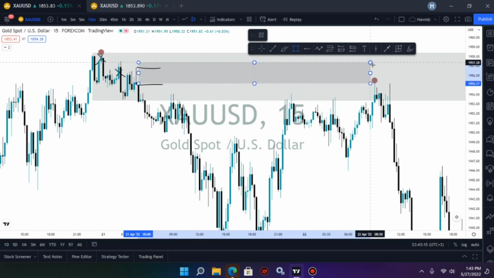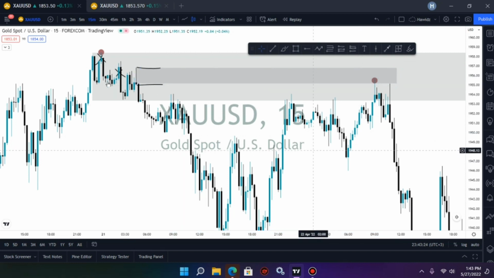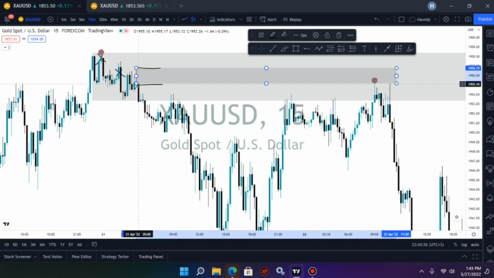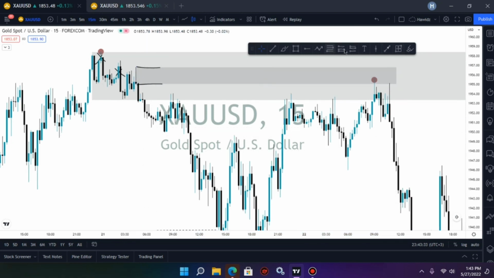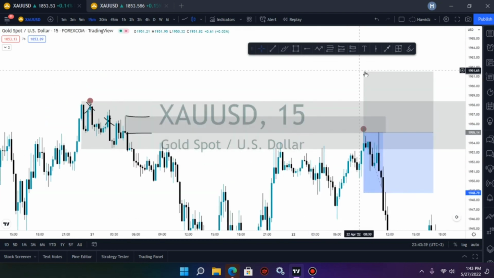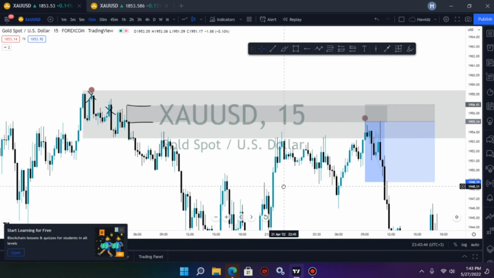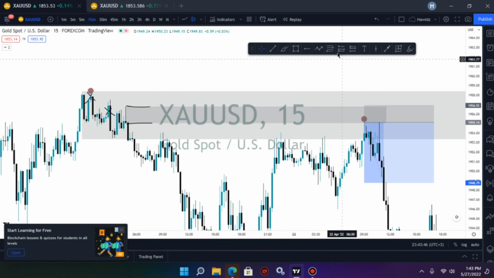As I said before, price comes back down, boom, it tests the most valid zone, and boom, you have your test, and that's your entry. So that right there is your refined entry. Short position there, your stop loss above that zone.